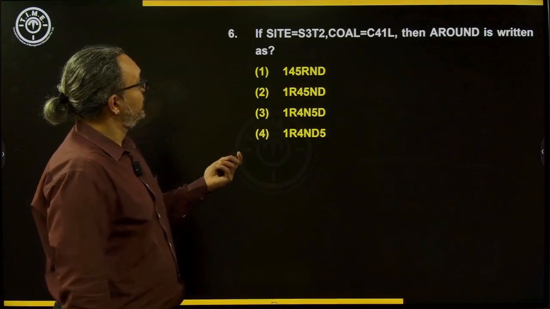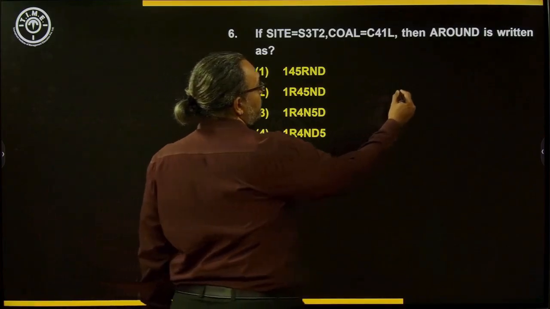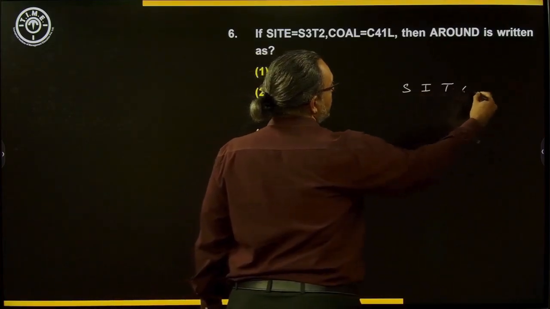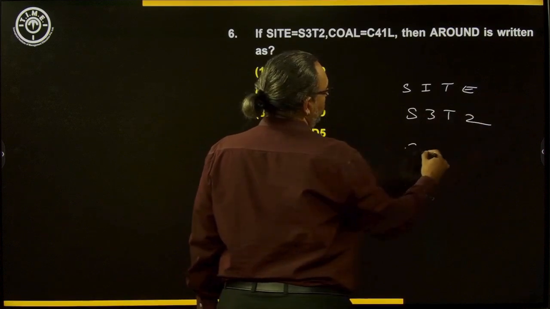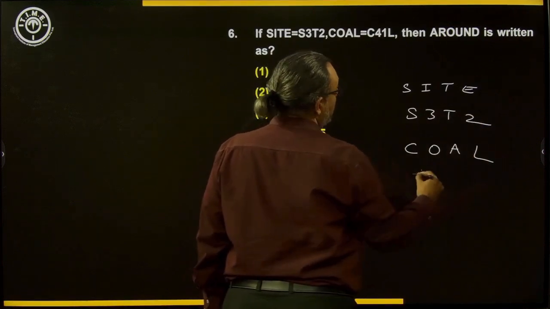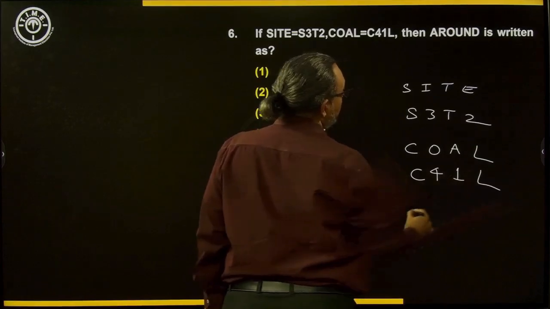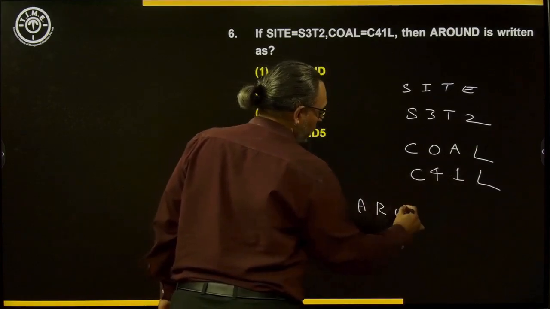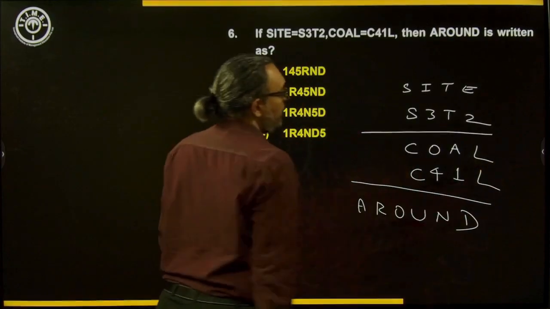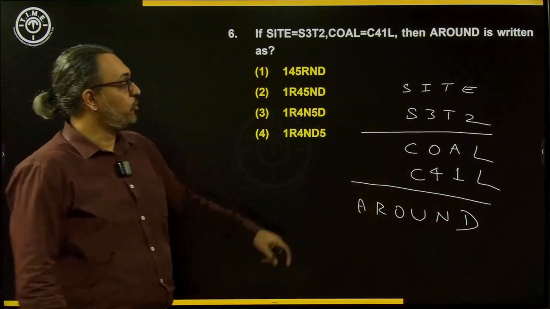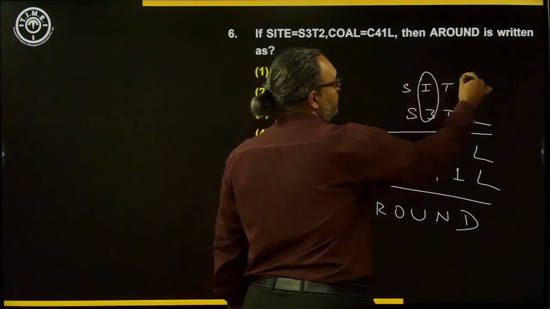Right. Next. So you have the word site is coded as S3T2. Then coal is coded as C41L. Now how is around coded? Now what you observe in the codes is only for vowels he is giving numbers, correct?